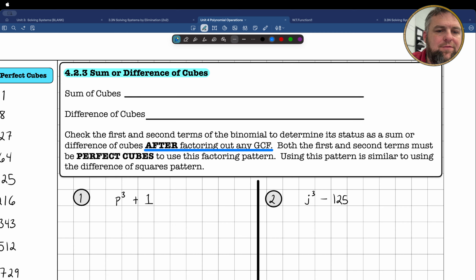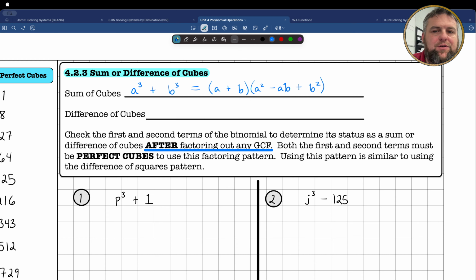You're going to have problems that look like the following: a cubed plus b cubed. If you have a cubed plus b cubed, so it's a binomial where the two terms are perfect cubes, we can factor this as a plus b times a squared minus a times b plus b squared.